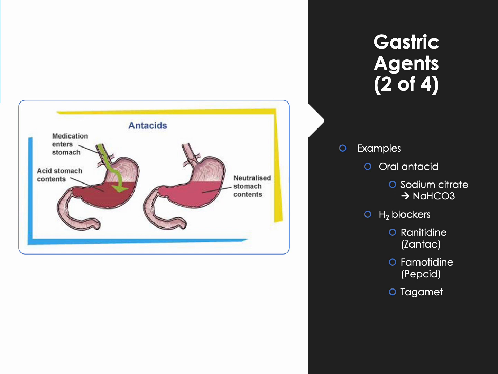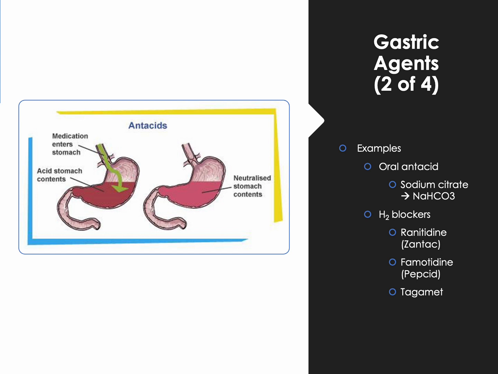Some common over-the-counter H2 blockers that you might have heard of include Zantac, Pepcid, and Tagamet. Those are my main examples. I do want to point out that I also have the generic name up there for you for each of these as well.